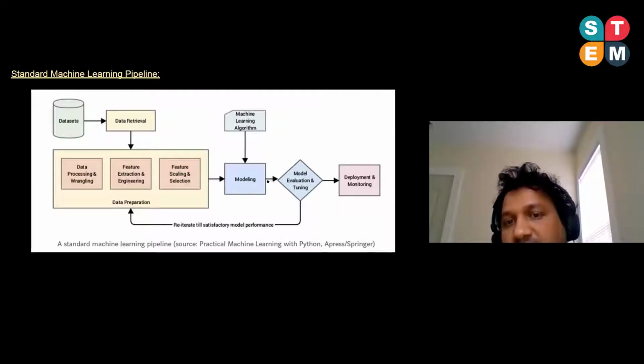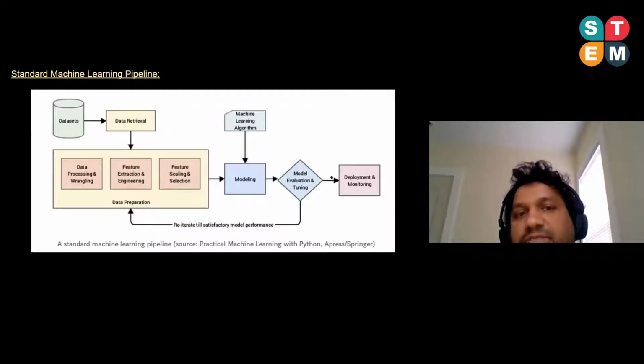Finally, we will evaluate our model with a new testing data set, and after that, we will deploy it for prediction. This is the basic standard pipeline of supervised or unsupervised machine learning.